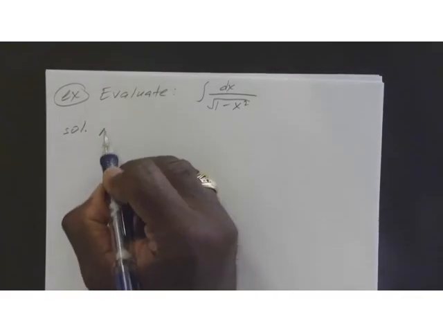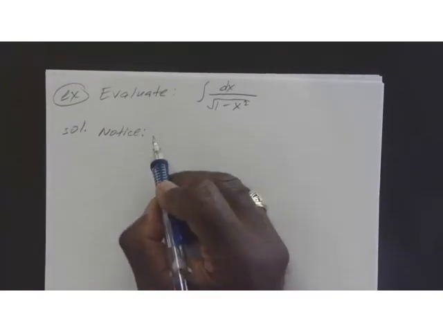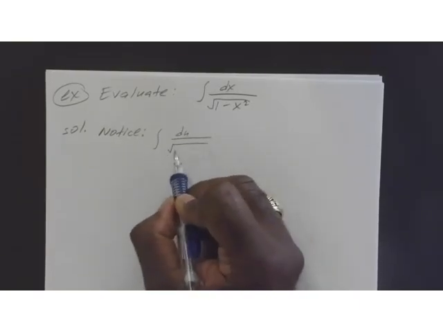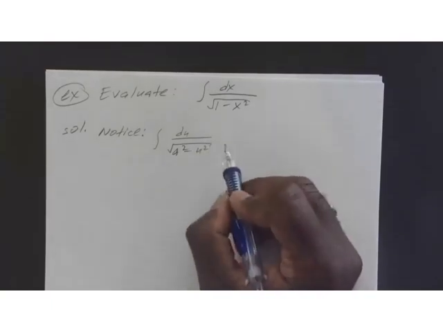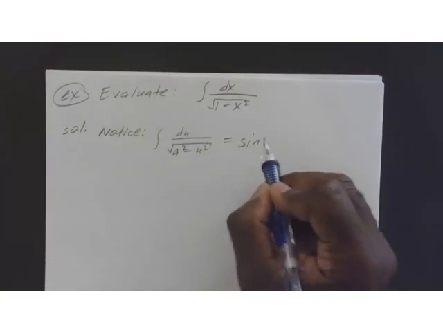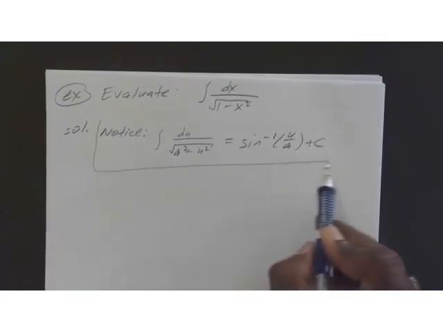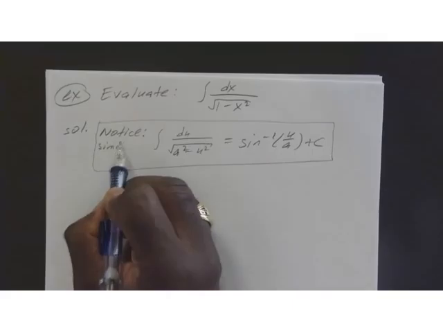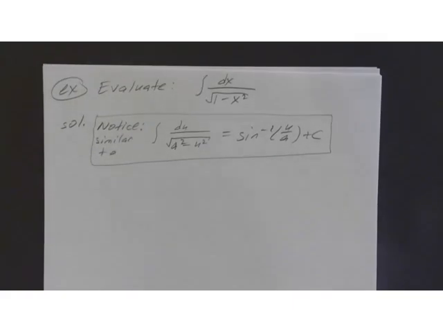If you notice this one, it's really similar to the integral of du divided by the square root of a squared minus u squared, which is equal to sine inverse of u over a plus c. It's similar as far as the form.